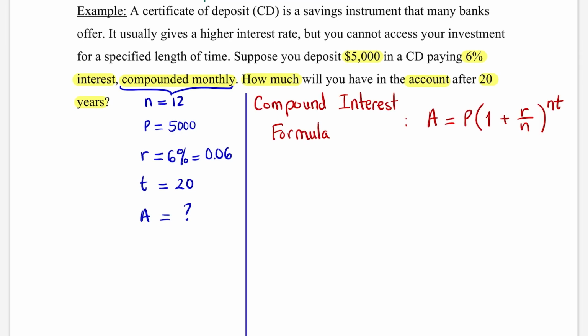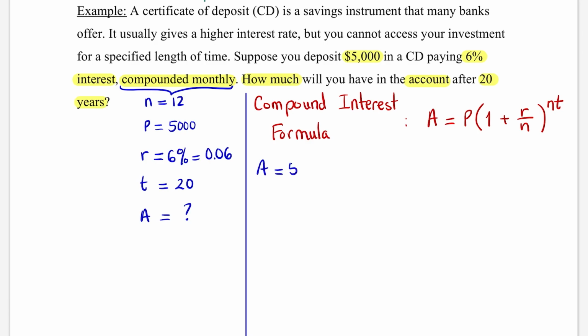My compound interest formula is A equals P times 1 plus R over N raised to N times T. I will replace P with $5,000, R with 0.06, N with 12, and T with 20.